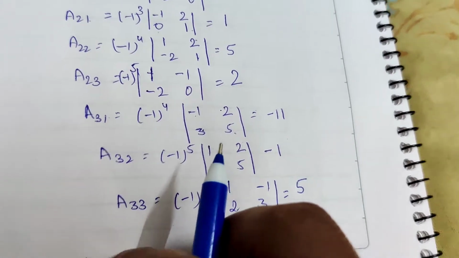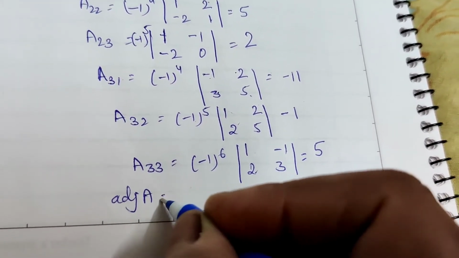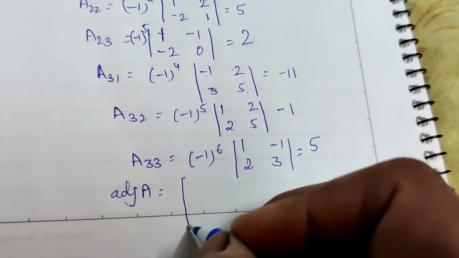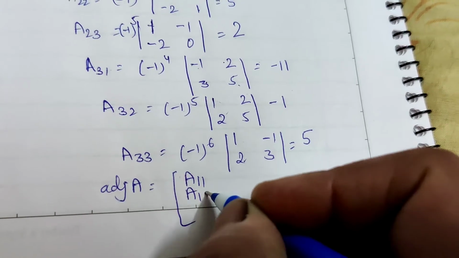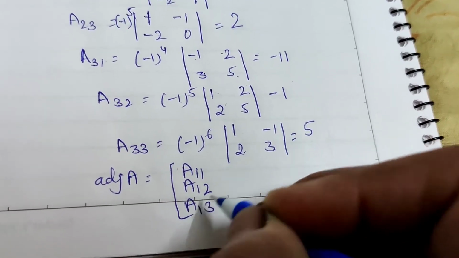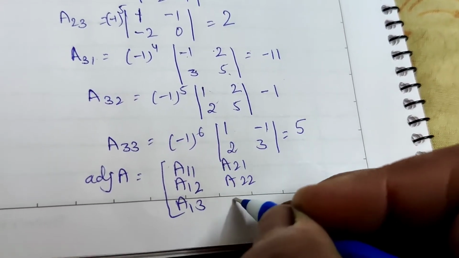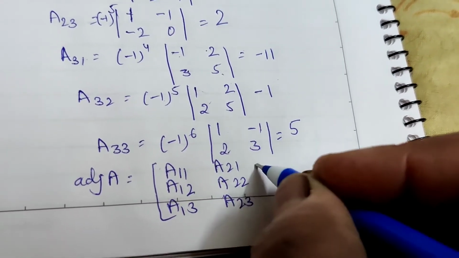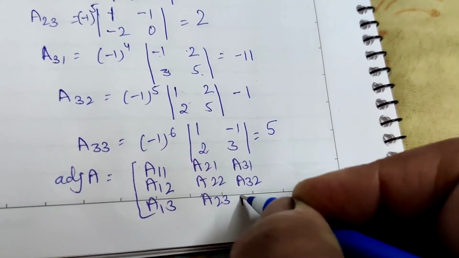Now the adjoint. Arrange A11, A12, A13, A21, A22, A23, and A31, A32, and A33.